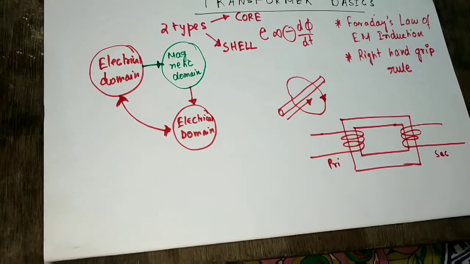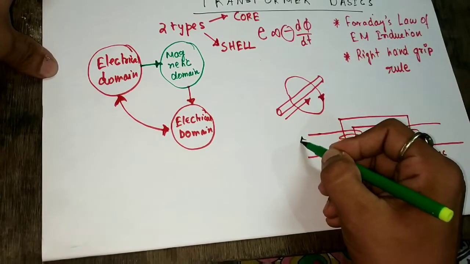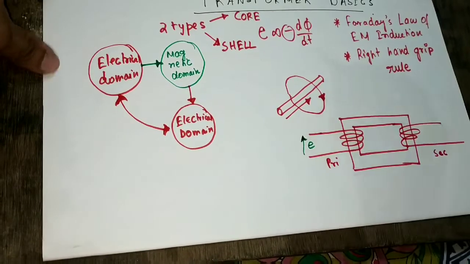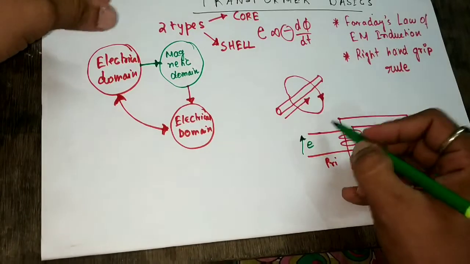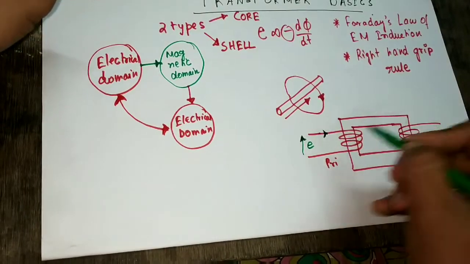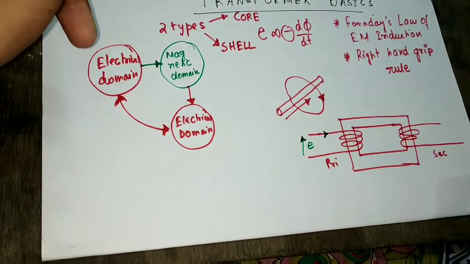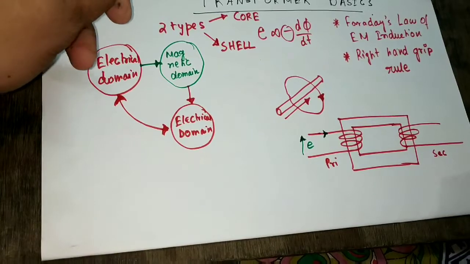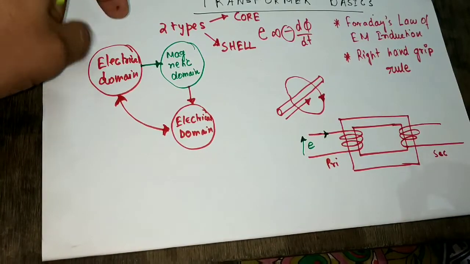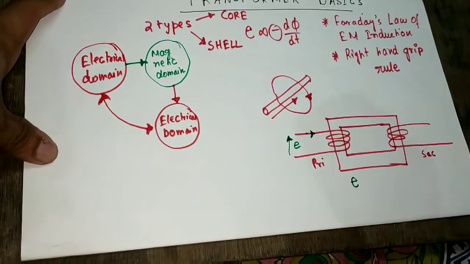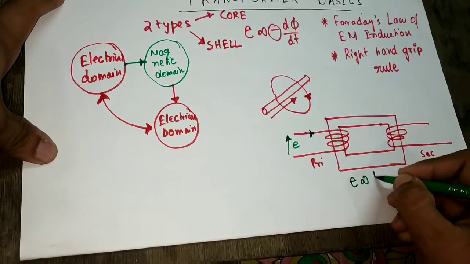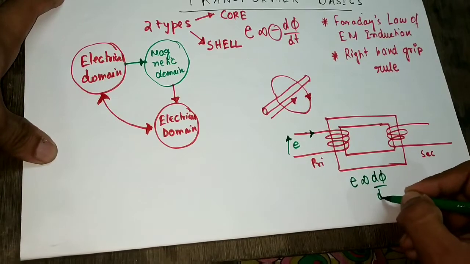Now if we apply some voltage here, what will happen? A current starts to flow in this direction, and as the current is flowing, an EMF will be induced, that is E proportional to d phi by dt.